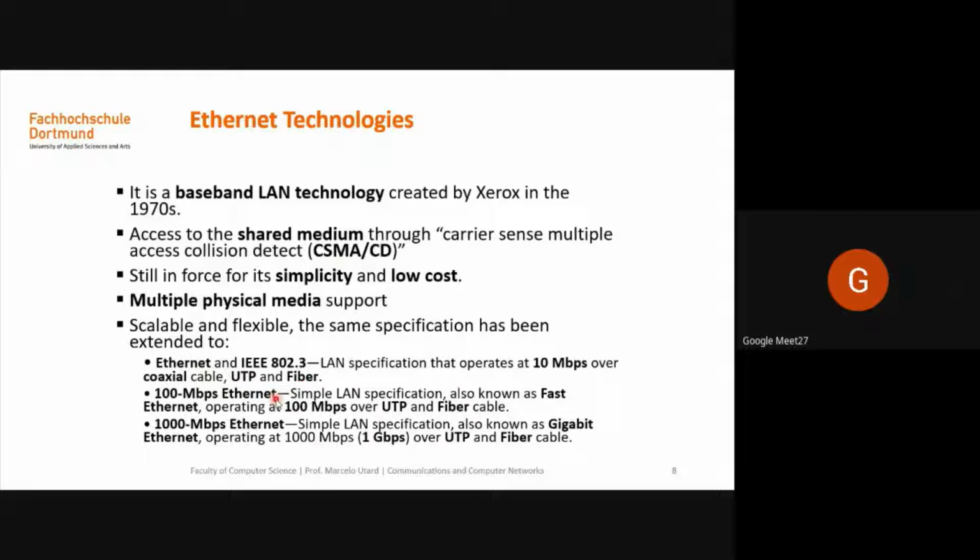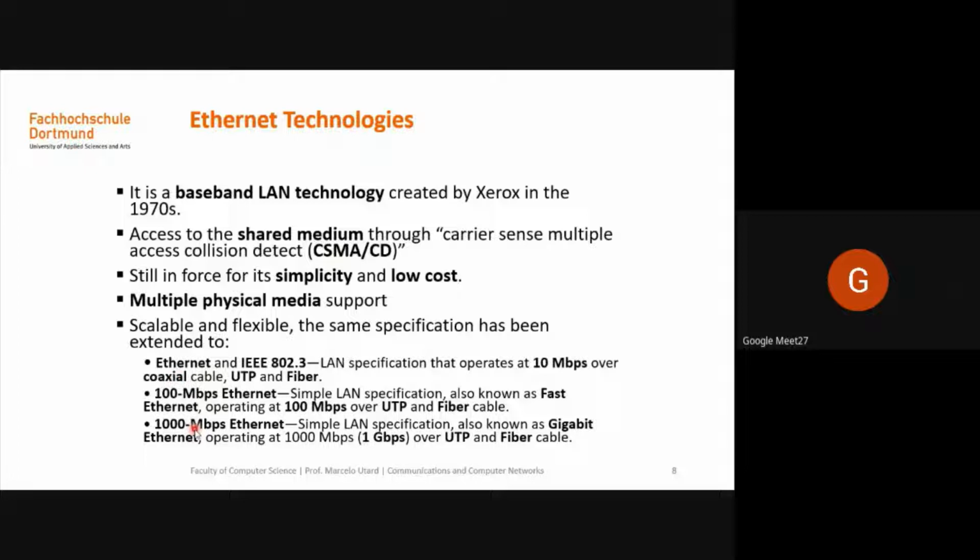Another application of this specification is 100 megabit Ethernet. It is a single LAN specification, also known as fast Ethernet, operating at 100 megabits per second over UTP and fiber, not coaxial.